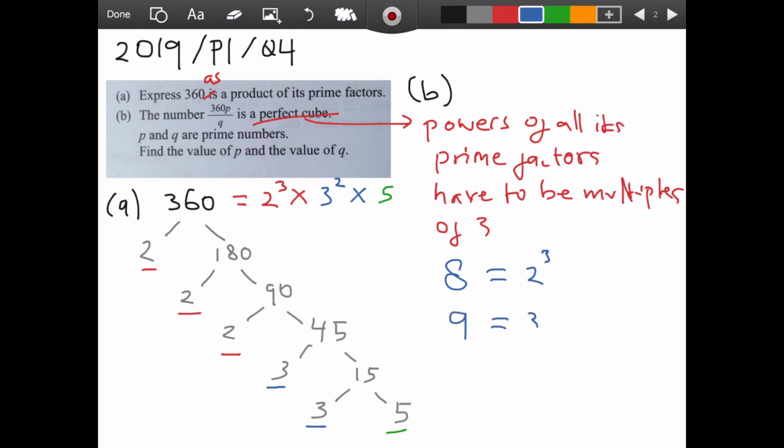The smallest prime factor is 3, and the power seems to be 2, right? 3 times 3 equals 9. So is this a perfect cube? No, right? 9 is not a perfect cube, but 8 is a perfect cube. Okay, so let's erase this and come back to the question.